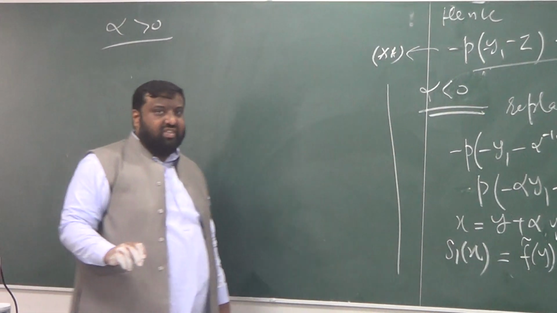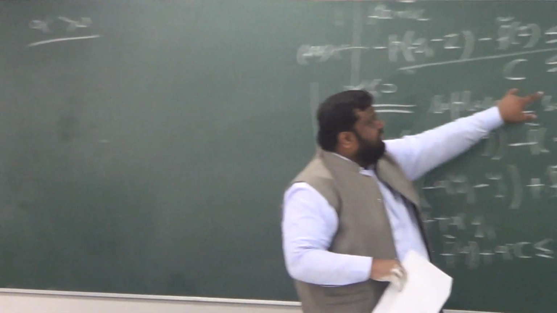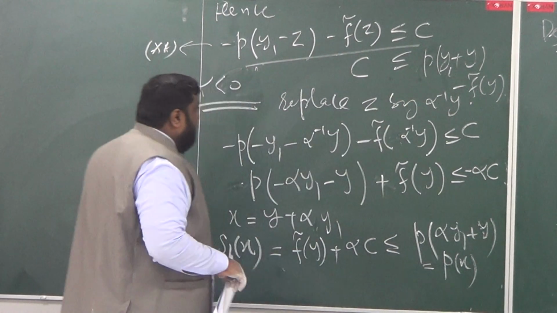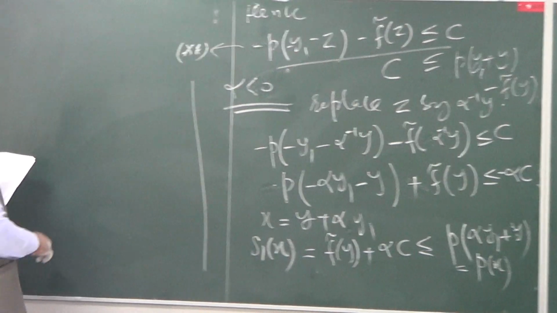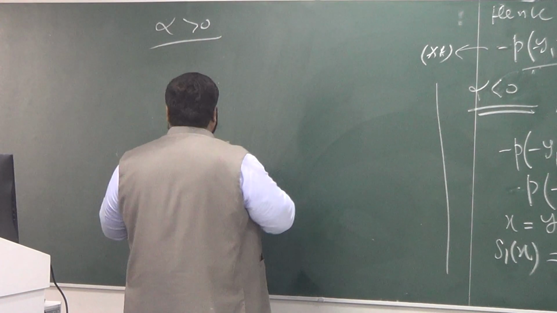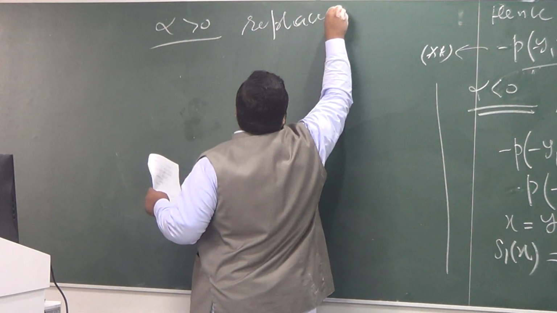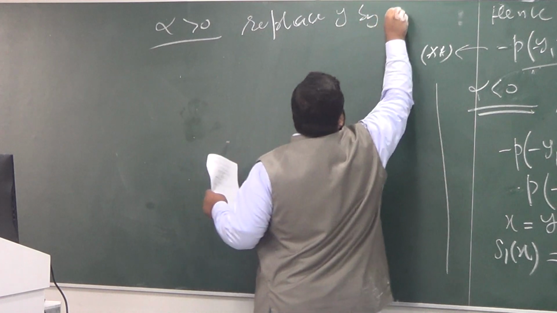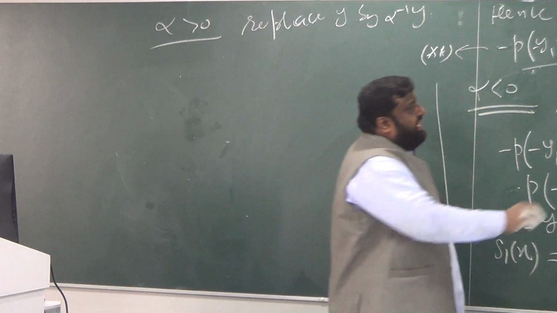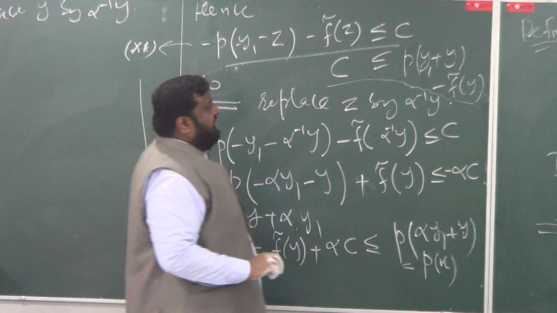What do you think we should do? So probably it's time to use this other part of the inequality. Okay? So what should we replace? Replace y by alpha inverse y, and take the second part of the inequality.